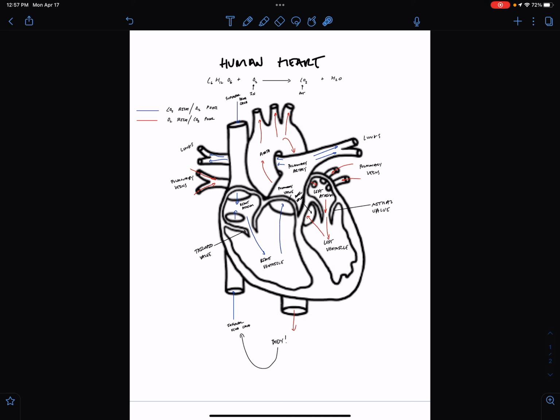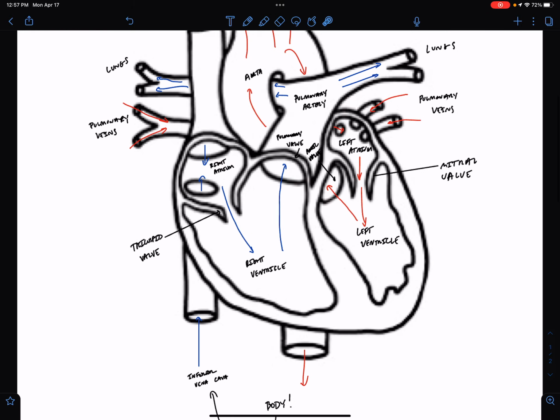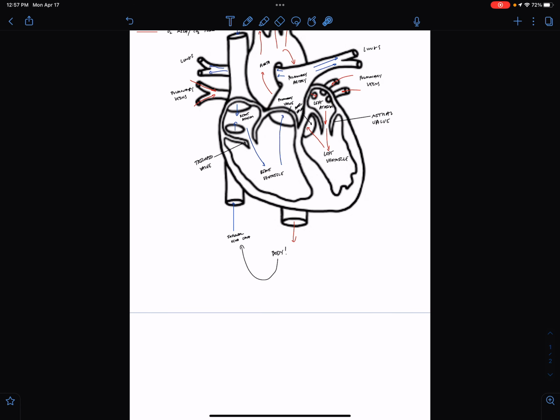When you put your head on someone's chest and you hear the lub-dub, lub-dub sound, what you're actually hearing is the tricuspid valve and the mitral valve closing, and then blood hitting the back of them. The blood is squeezed from the right atrium and the left atrium simultaneously into the right and left ventricle.